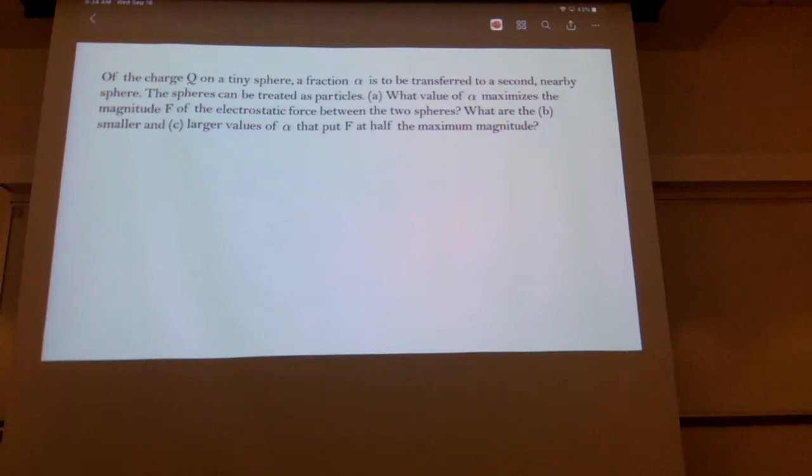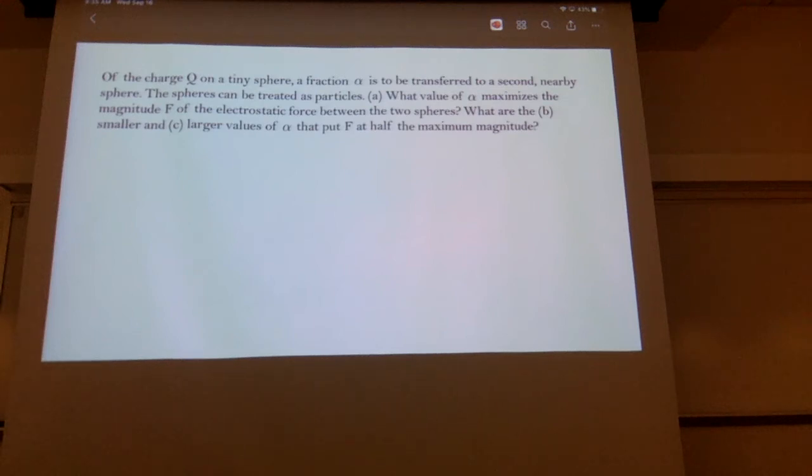So we want to know what fraction of our charge is transferred from the one sphere to the other sphere. And more particularly, we want to know what fraction of that charge is transferred so that the force between the two spheres is now maximum. Then we want to know what fraction, the smaller fraction and the larger fraction, would put the force between the two at half of the maximum.